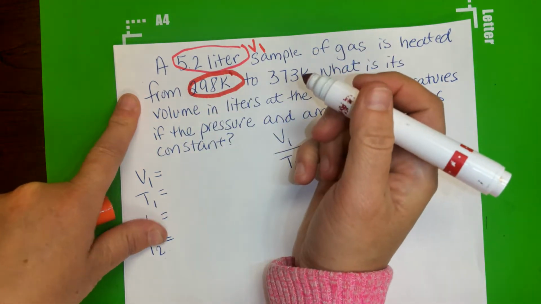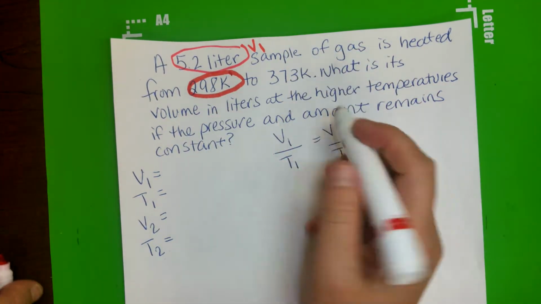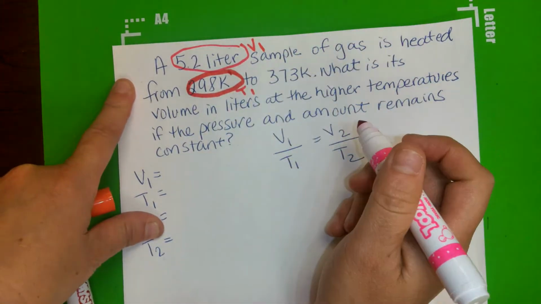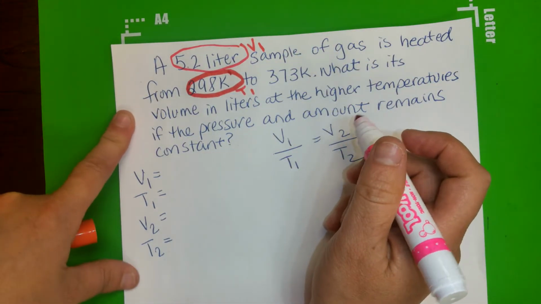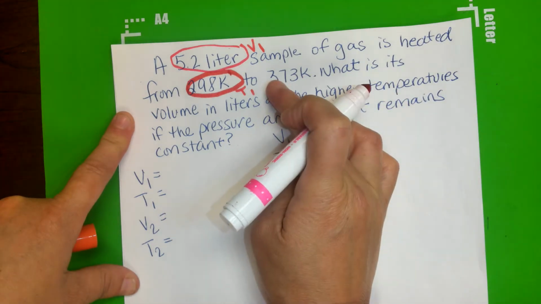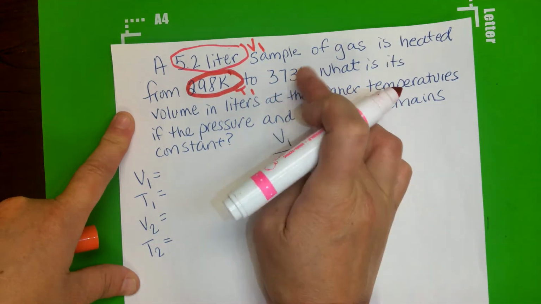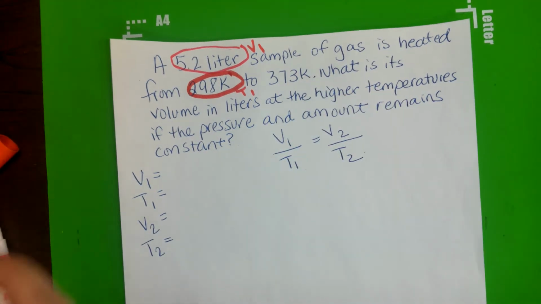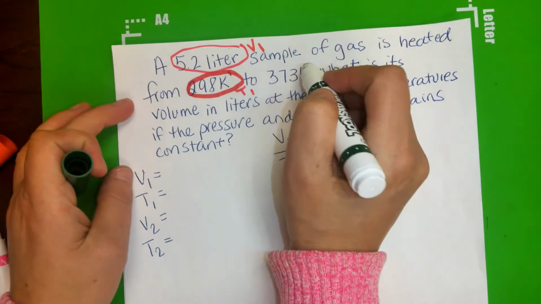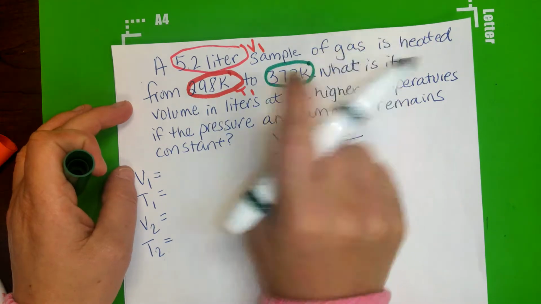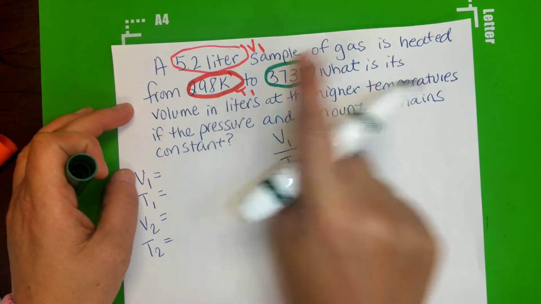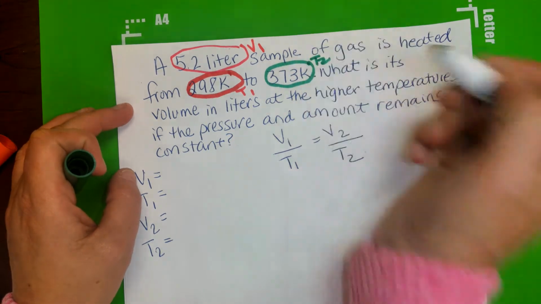That will be your initial temperature, so that will be your T1. Then finally it goes all the way to 373. So 373 will be your final temperature, because again, this is K, that means kelvins, that means it's temperature. So that will be your T2.